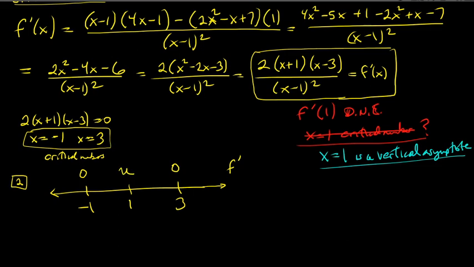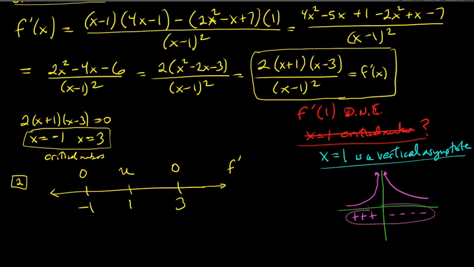So yeah, when you have a vertical asymptote, let's say this is your asymptote, notice what can happen. The sign of the derivative could change. If this is the graph here, we're going from increasing to decreasing, even though at x equals 0 there's no maximum and there's no critical number at 0.